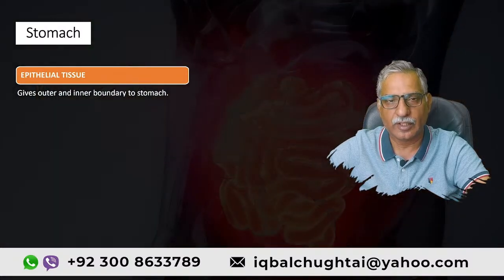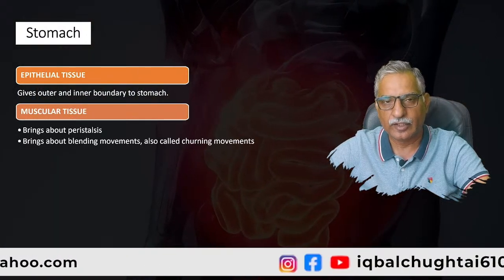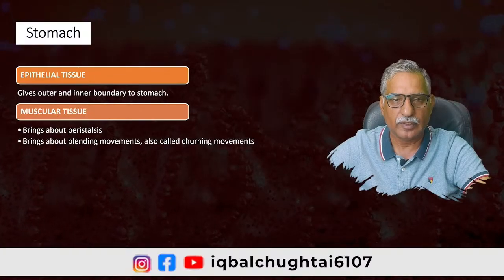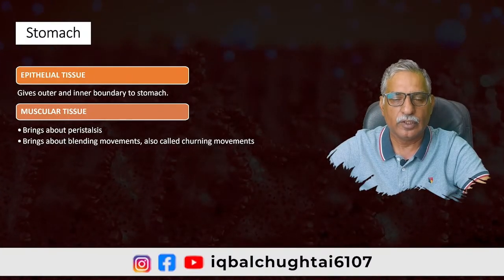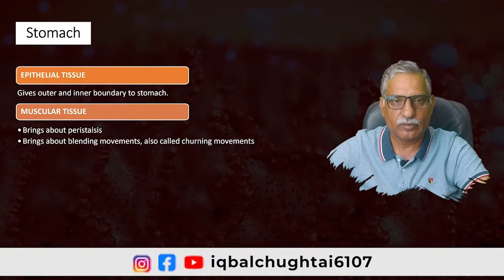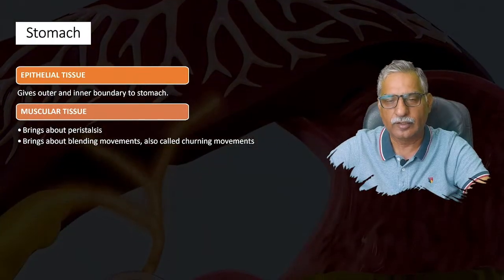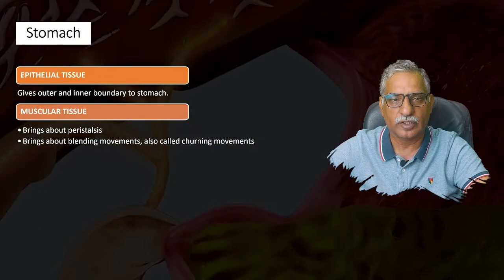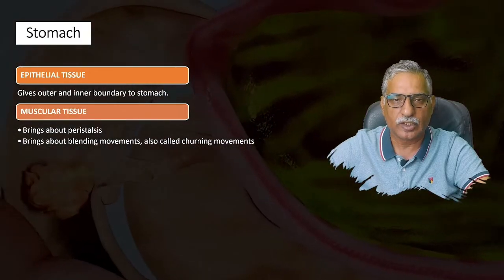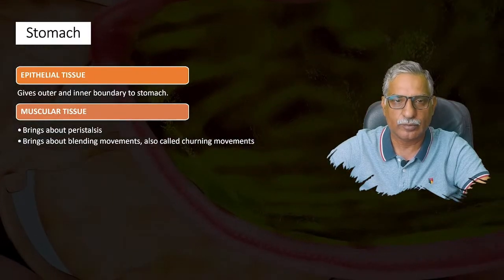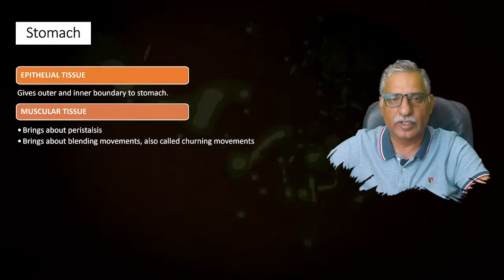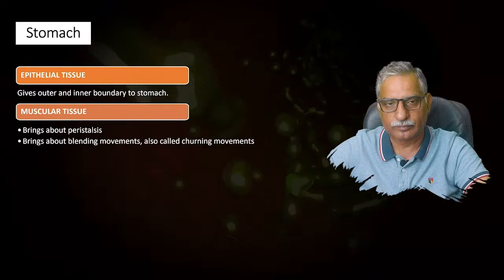Then the stomach contains muscles, and these muscles produce peristaltic movements that will push the food forward into the small intestine when it is required. These muscles can also produce blending movements, or what we call churning movements, and these churning movements are responsible for blending the food contents precisely with the gastric juice in the stomach.